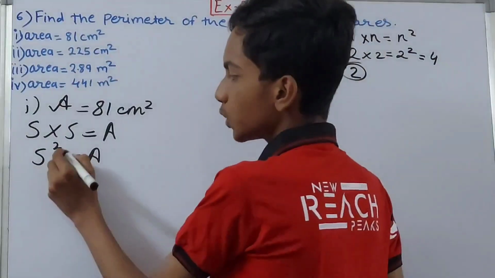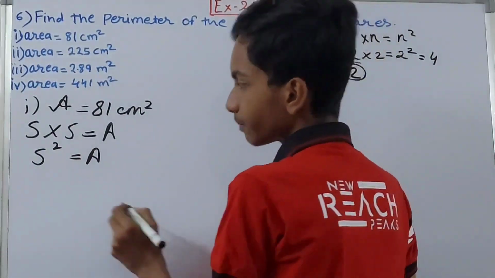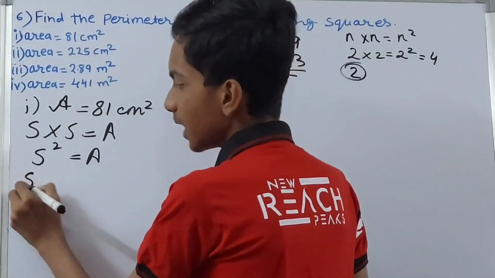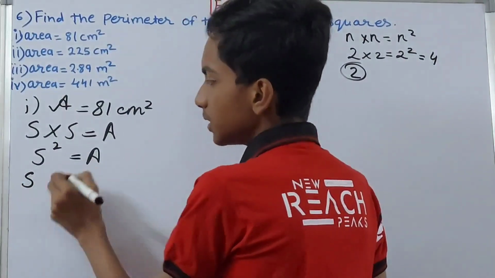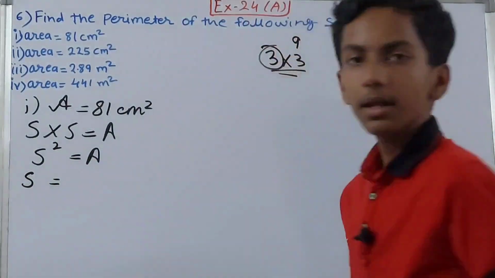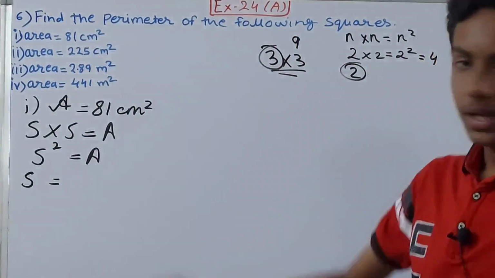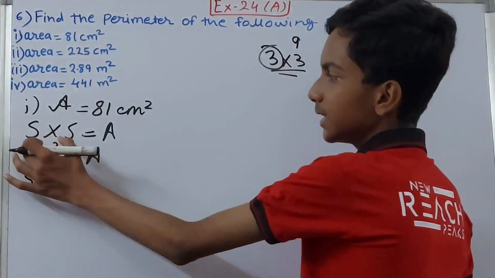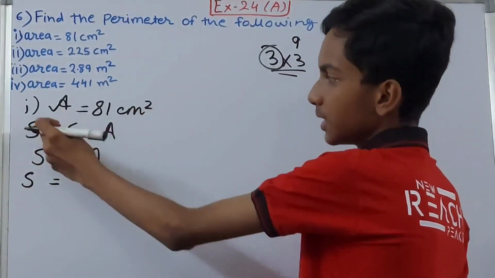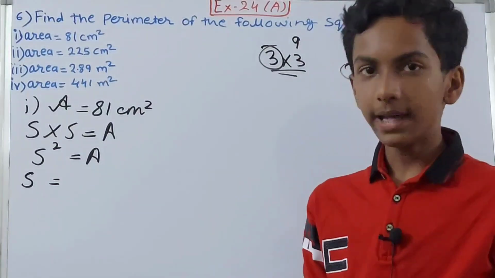Same thing here. Side square is equal to area. So what will side be equal to? Side will be equal to the square root of area, right? Because if two sides are multiplied and I take one side out of it, then we will get the length of one side.